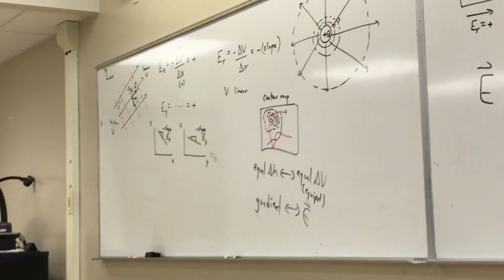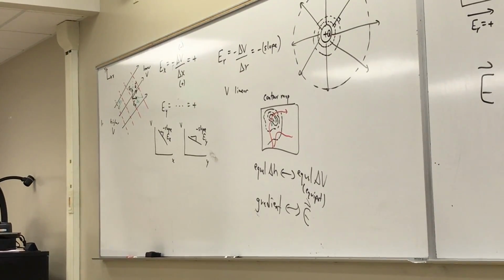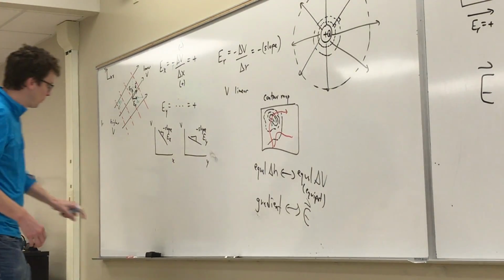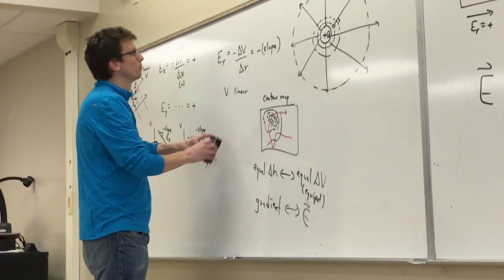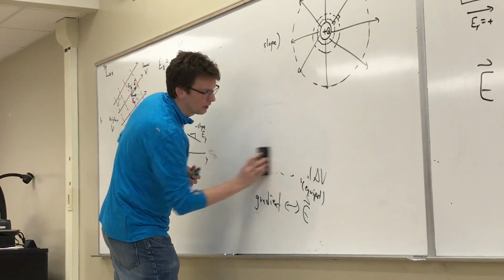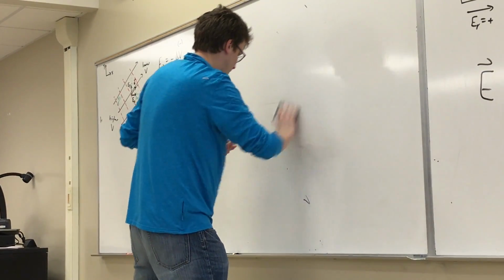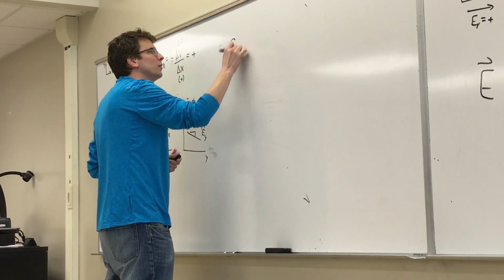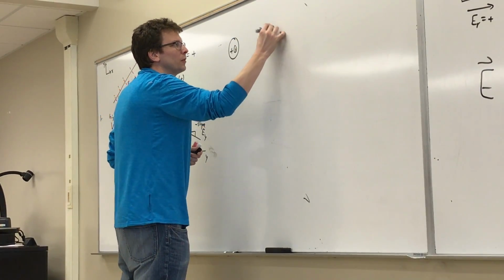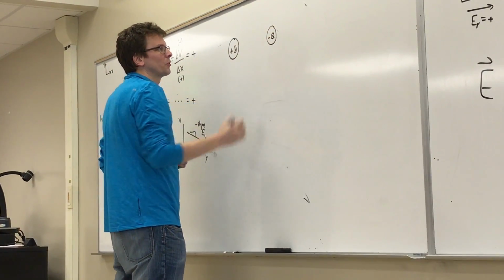Okay, so with that in mind, what I'd like to do is bring back the example from last time. That'll be another case where we can see something. We have that dipole, equal and opposite charges like this.